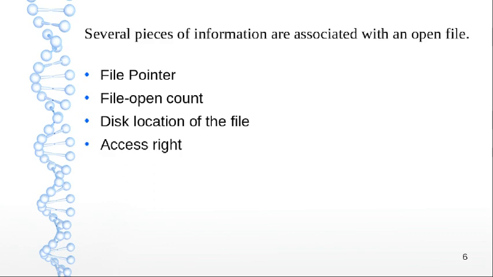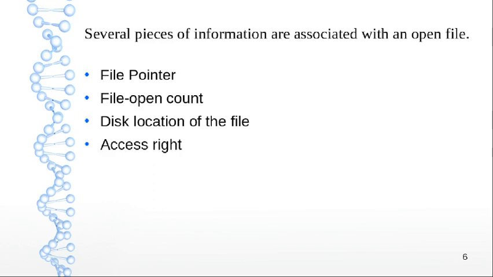Whereas the file open count is a counter. It counts how many processes may have opened a file, and the system must wait for the last one to close before removing the file table entry. The next is the disk location of the file, since most operations require the system to modify data within the file.